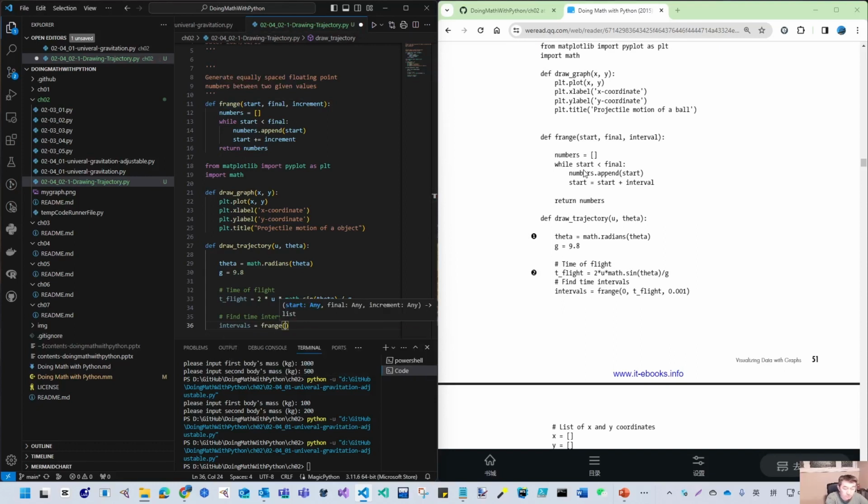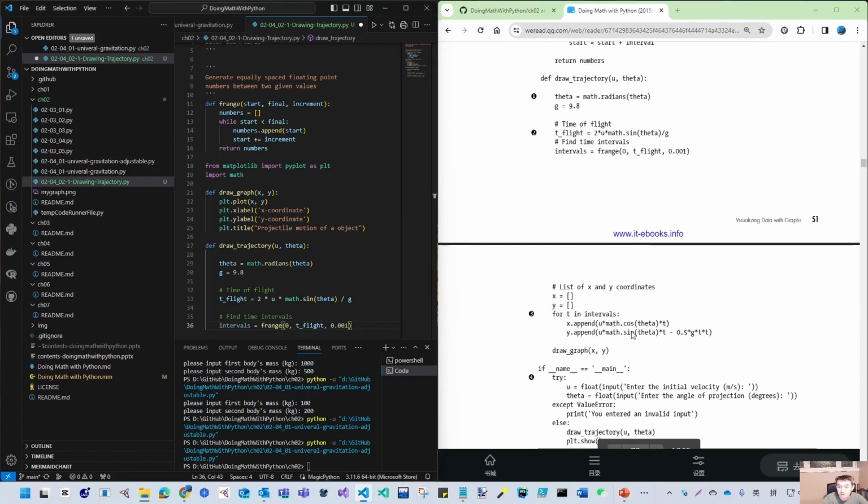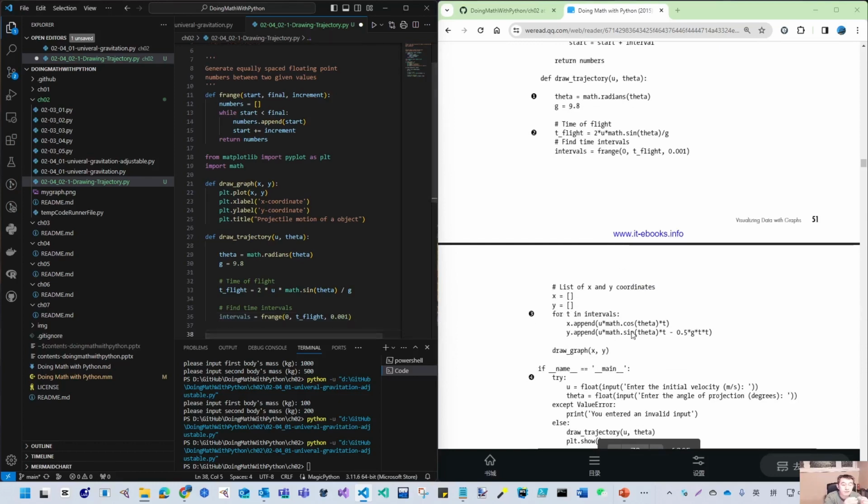We give the inputs 0 and t_flight, where t_flight is the maximum of t, then with step 0.001. So using this frange function, we generate one list of all the time intervals. Now we have this time. We will later use that as the x-axis.